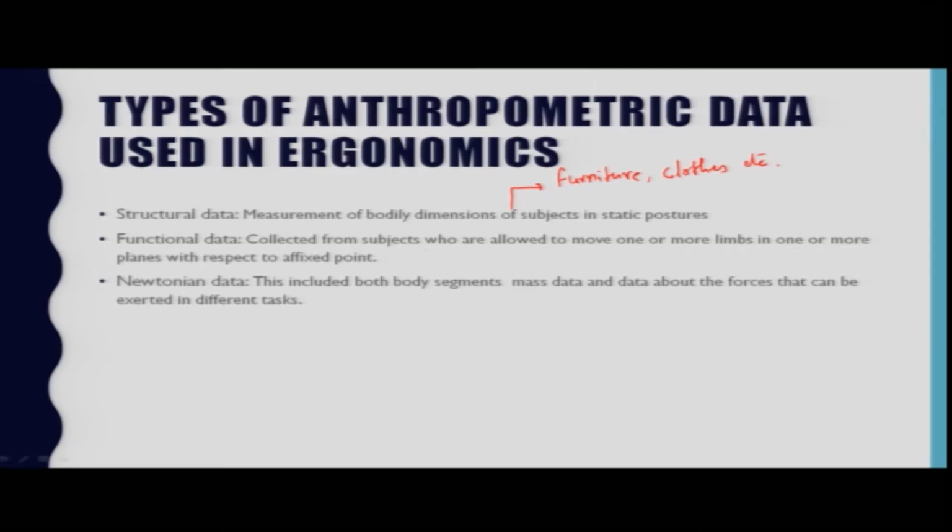So, the shape of the 3D surface swept by moving the arm with the elbow extended, or the amount of forward reach when the subject can bend at the hip. In this way, workspace envelopes are generated whose size increases with the number of joints allowed to move. That kind of data is known as functional data.